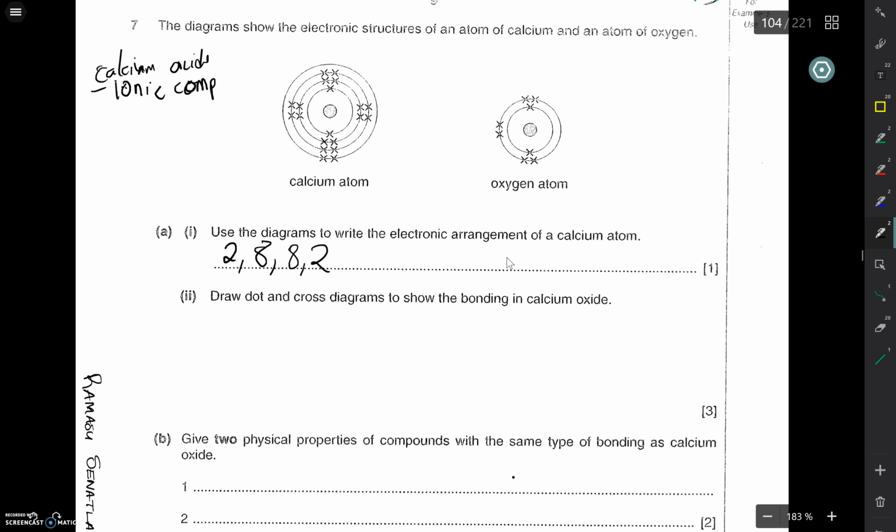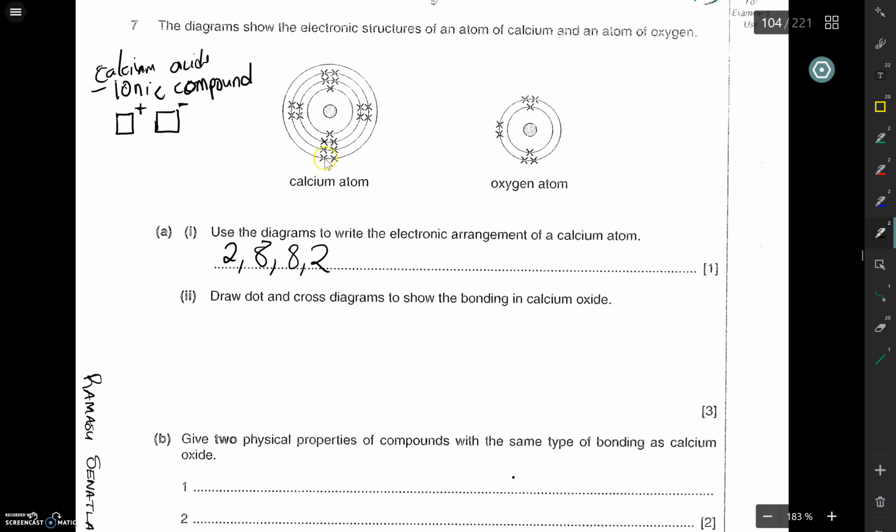This means that it is formed by a negative ion and a positive ion. So it means that the particles in the compound are charged, but they have opposite charges, right?